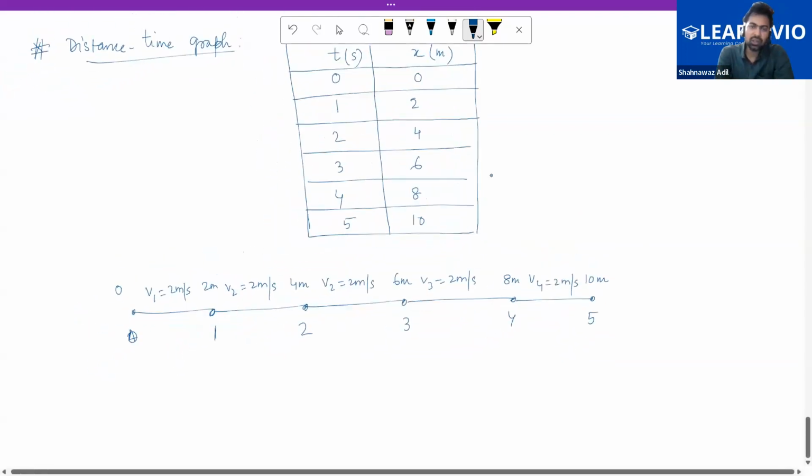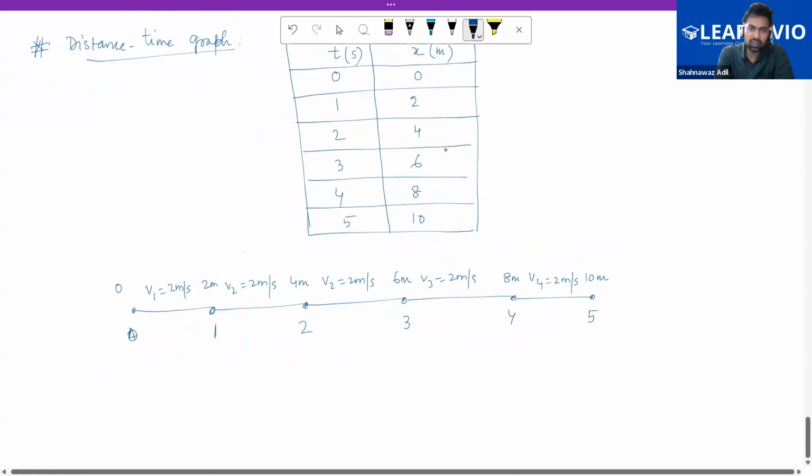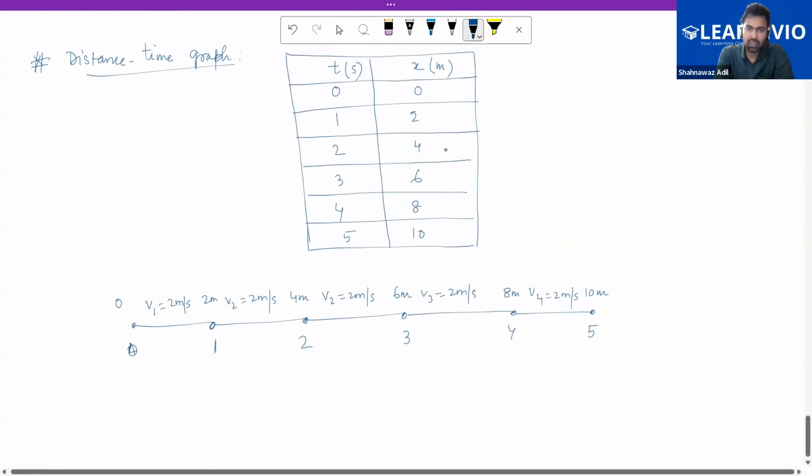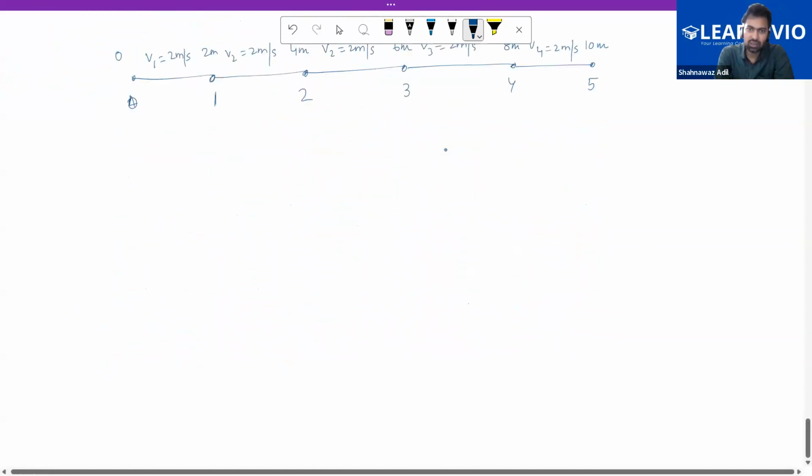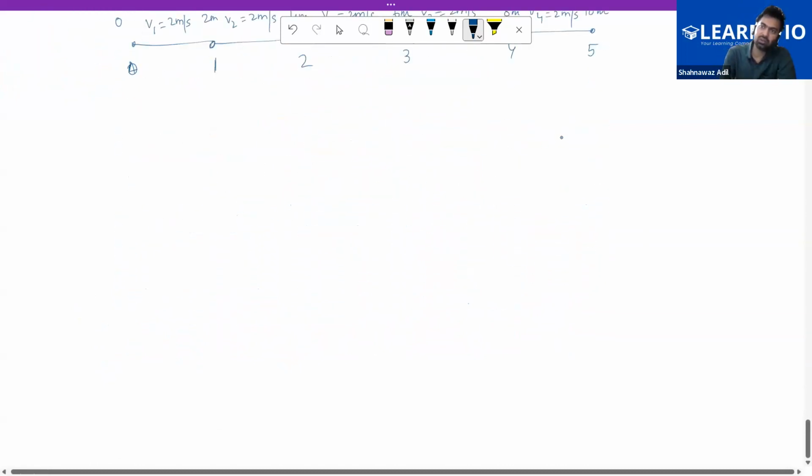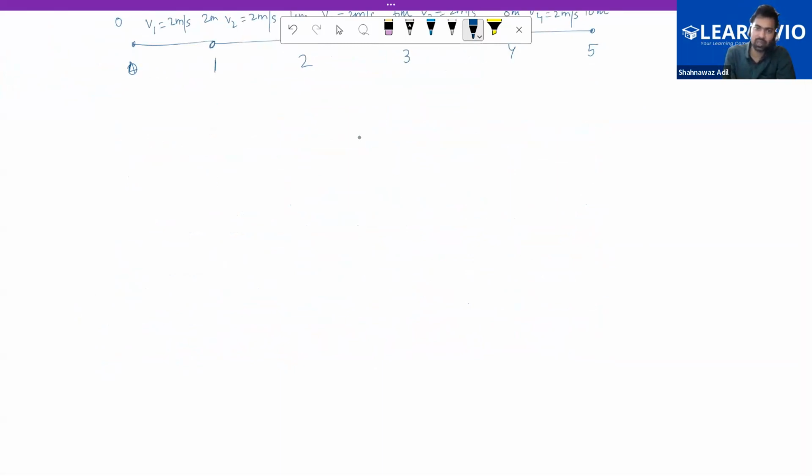So now let us draw the graph of this thing. Let me draw this manually, but we will not get a straight line, though you understand that it is a straight line.